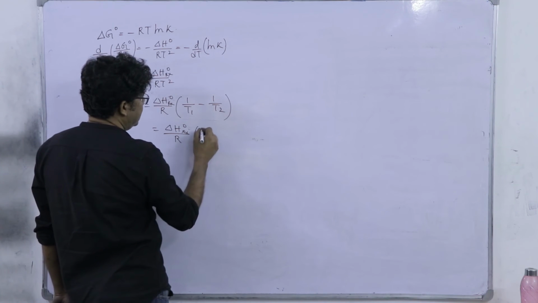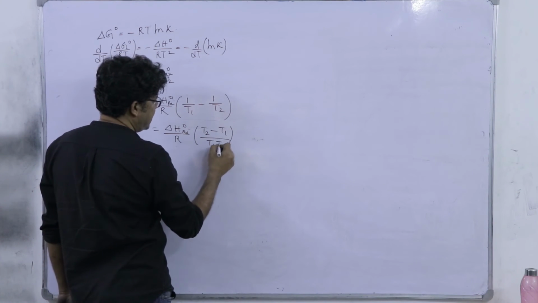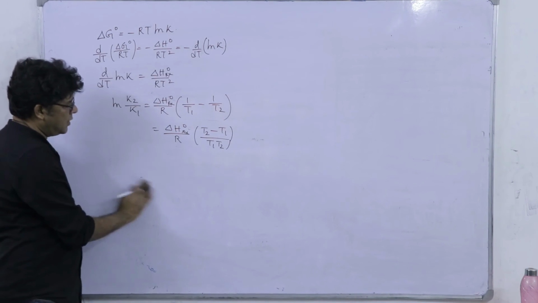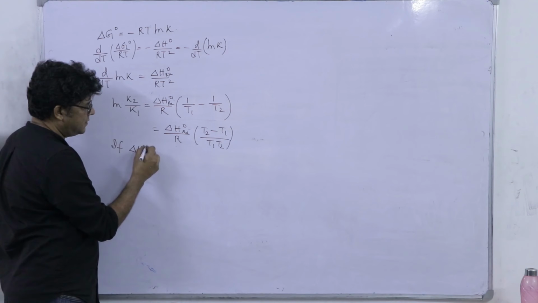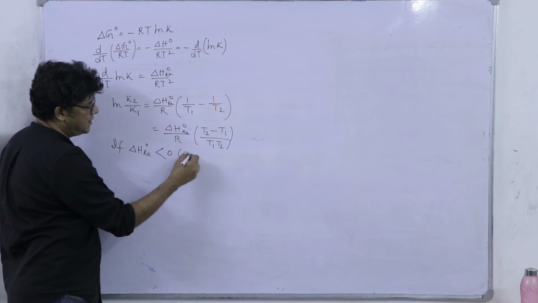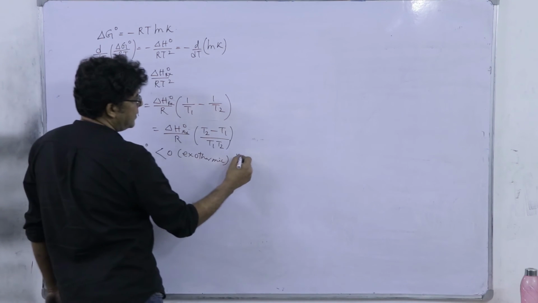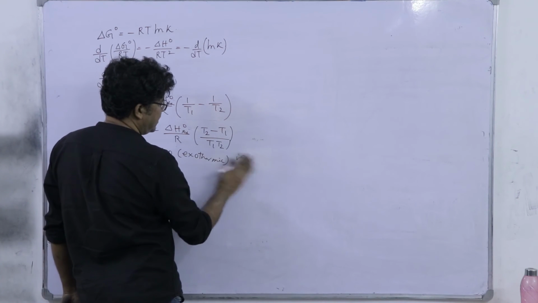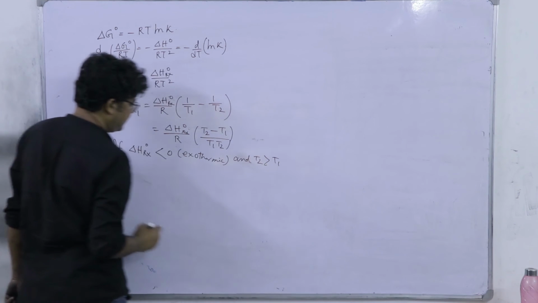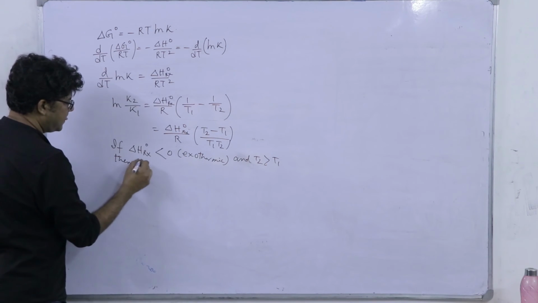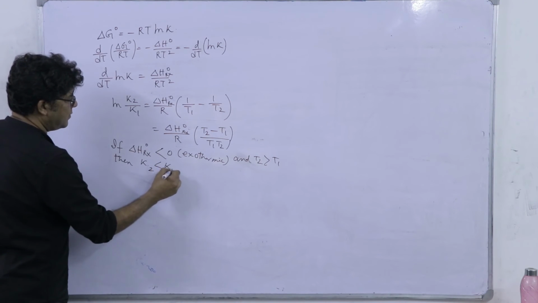Or (T2 minus T1) divided by T1 T2. So we know that already, that if delta H Rx is negative, that is an exothermic reaction, and T2 is higher than T1, then Kc or K2 is less than K1.